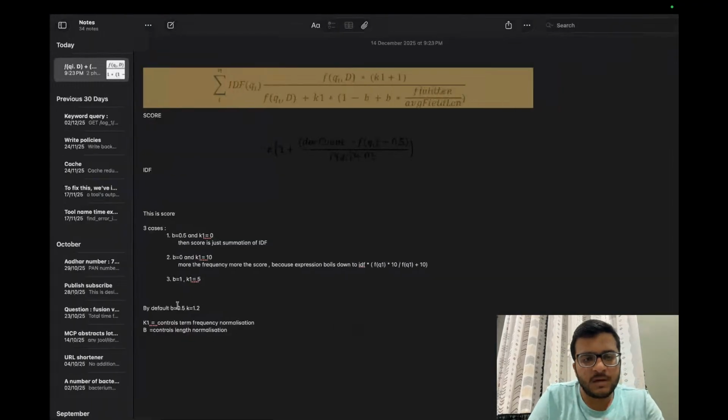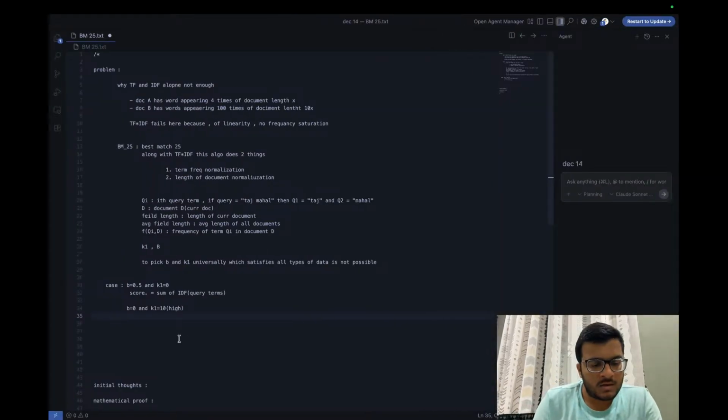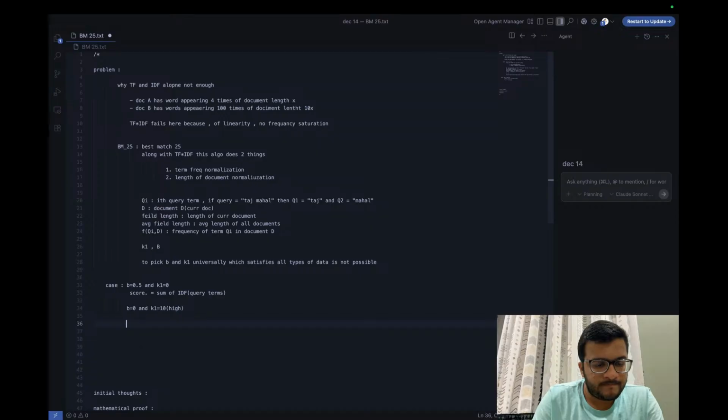So if you see b equal to 0 and k1 equal to 0, this is 0, and this will be 1. Frequency of, let's say, if A equals the frequency of qi and B equals k1 plus 1.